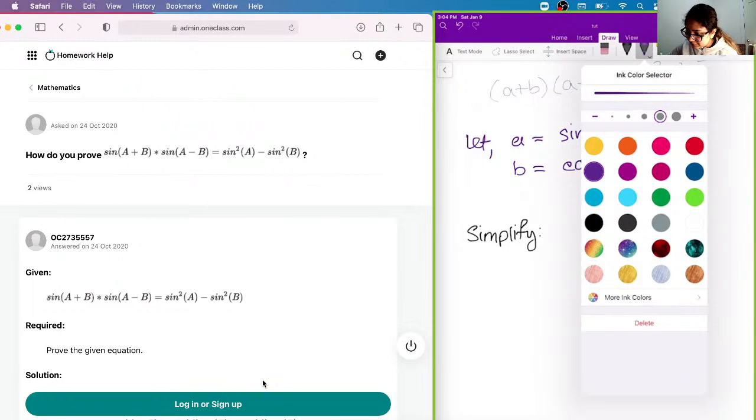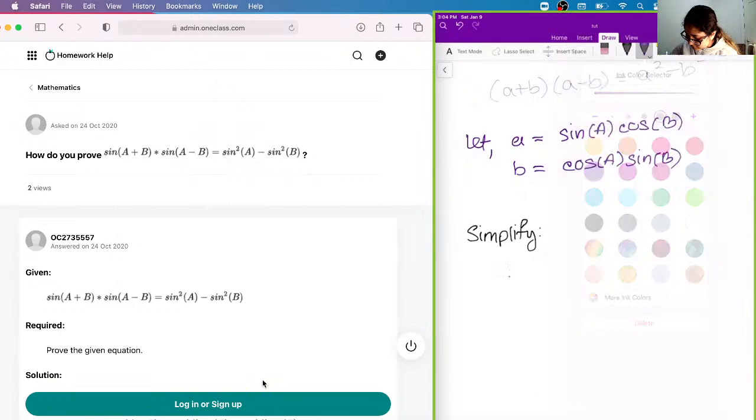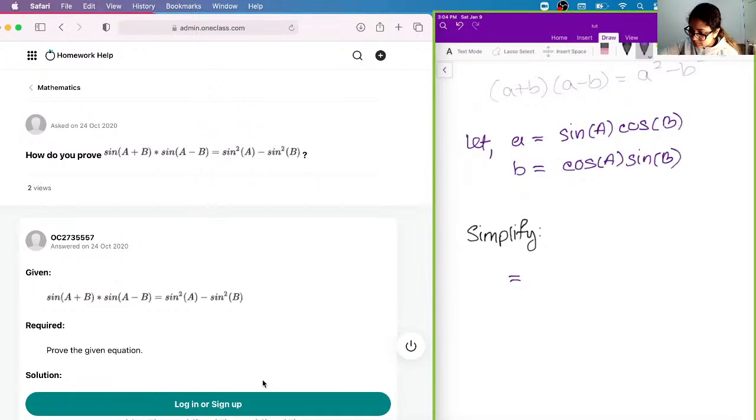Okay, so this would equal a squared minus b squared, right? We're going to write that in terms of cos and sine.